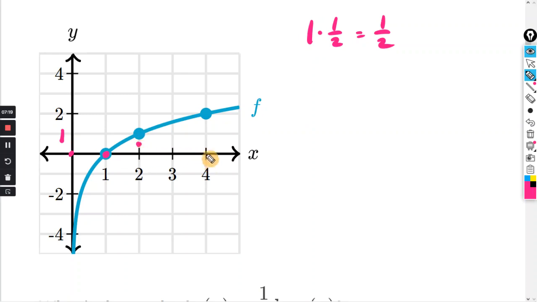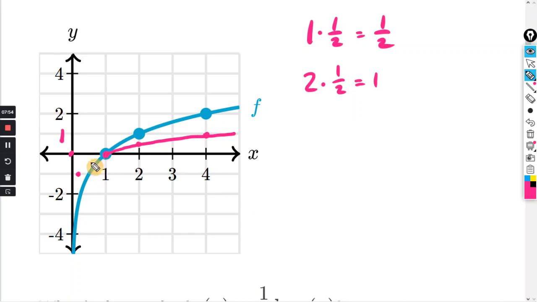At x equals 4, y equals 2, and of course 2 times 1/2 is just going to be 1. So at x equals 4, the new y is going to be right there. It increases more slowly because it's multiplied by 1/2, so it's actually compressed. Down here, instead of this point being at -2, it's only going to be at -1.